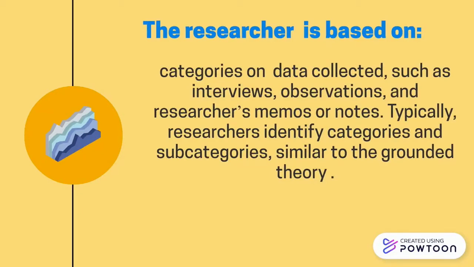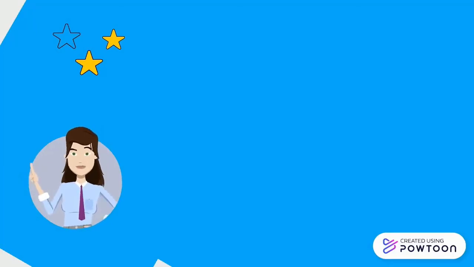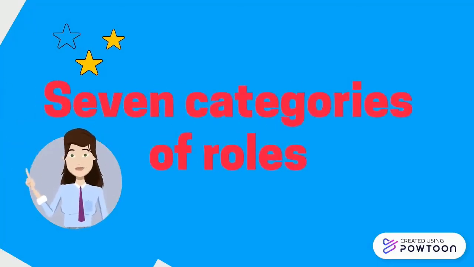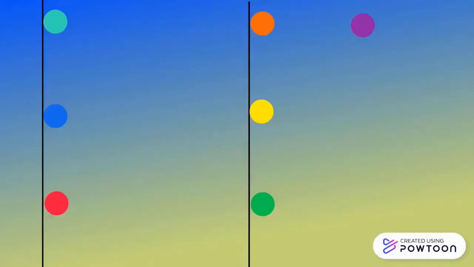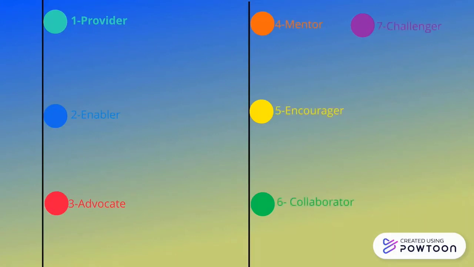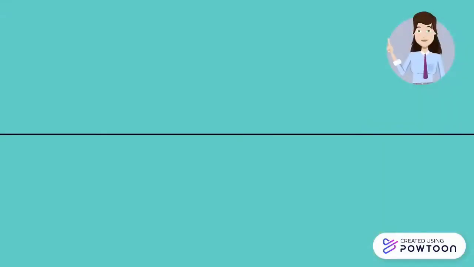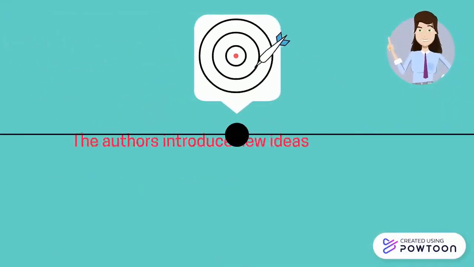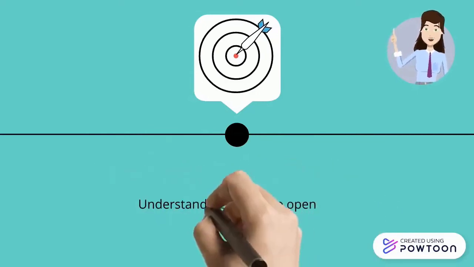Typically, researchers identify categories and subcategories, as seen in this grounded theory. There is a category of seven points, representing seven categories of roles: 1. Provider, 2. Enabler, 3. Advocate, 4. Mentor, 5. Encourager, 6. Collaborator, and 7. Challenger.